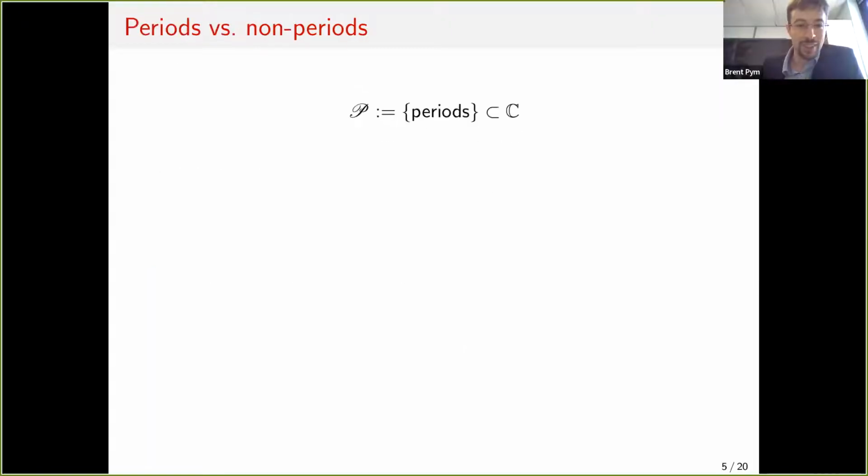Thanks. Okay, so we give a notation, at least for this lecture, we'll call the set of periods script P. So P is the set of all complex numbers which are periods in the sense above. So what can we say about this set of periods? Well, one observation is that the rational numbers are a countable set.